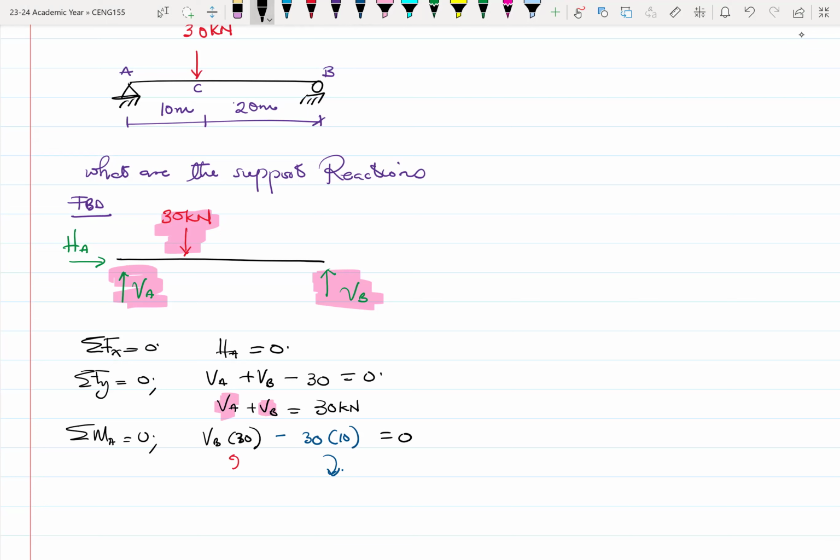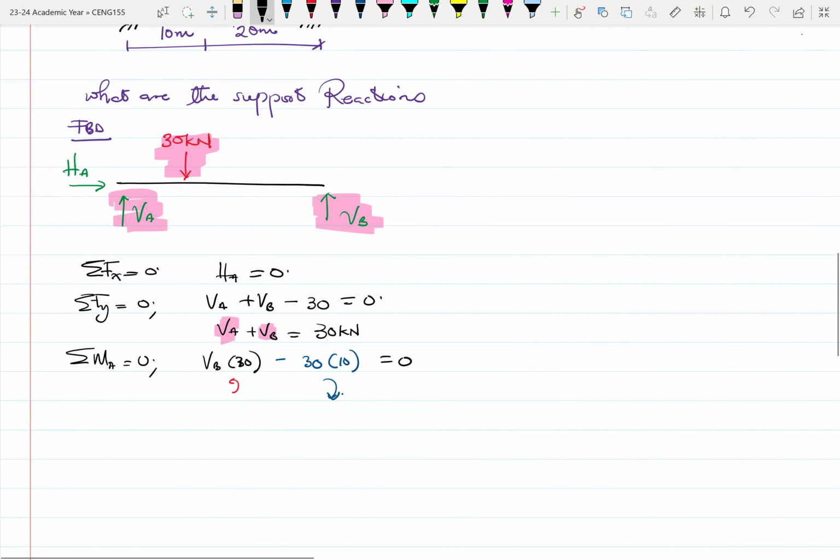That's the reason I have the minus, because one of them is opposite the other in terms of direction. So we have 30 VB will be equal to 30, and this is usually 30 kilonewton meter. So VB will be 30 over 30.